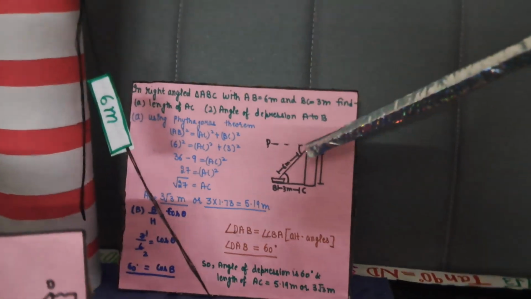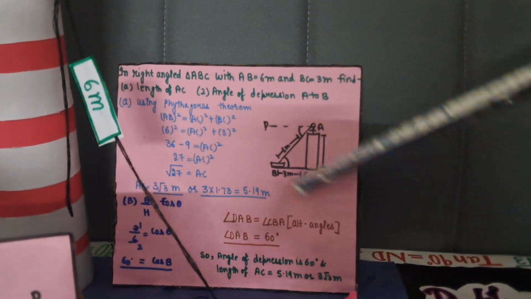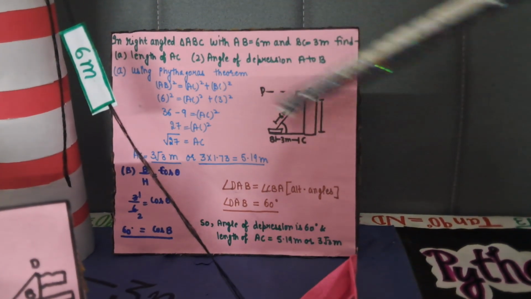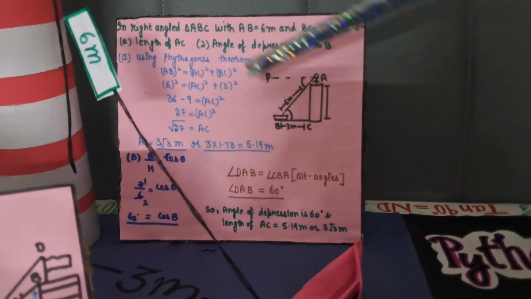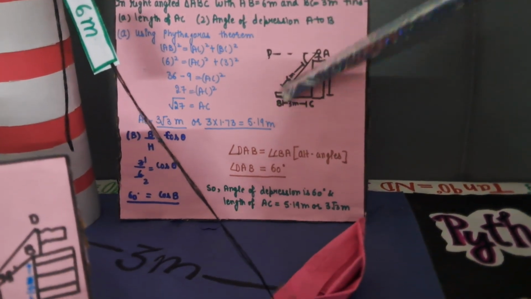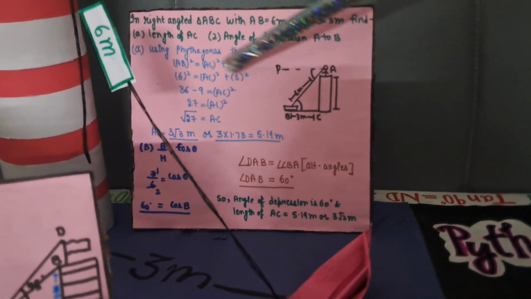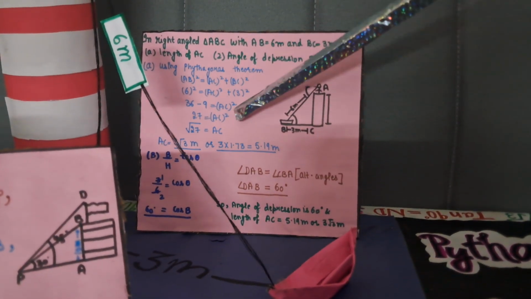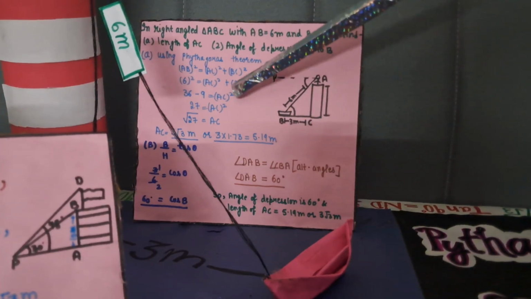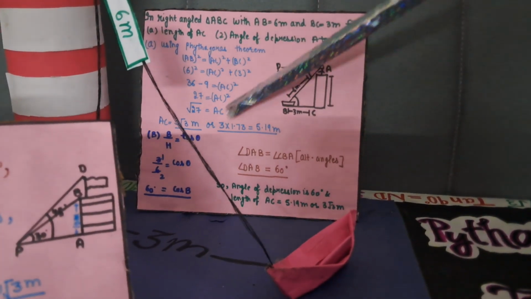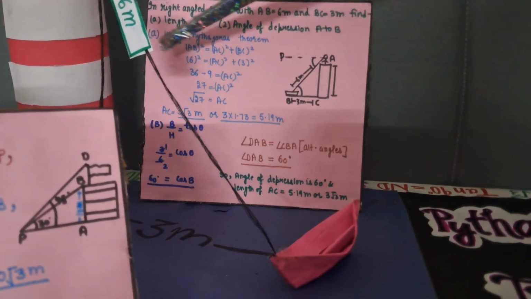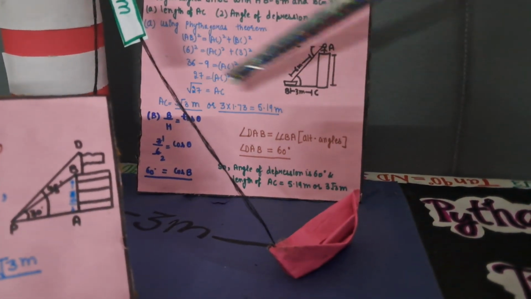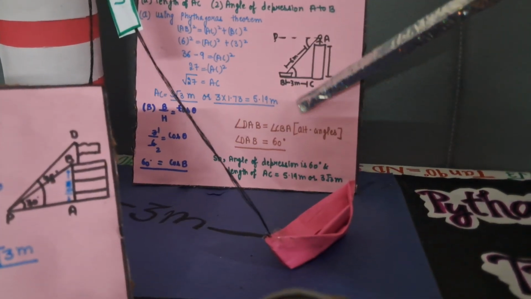As you can see, this is triangle ABC, AB, which is the hypotenuse, is given as 6 meter, AC is the perpendicular, which we have to find, and BC, which is the base, is 3. So 6 square is 36, and the square of 3 is 9. So when we solve, we get AC as root 27, and when we solve it further, we get 5.19 meter. Thank you so much.